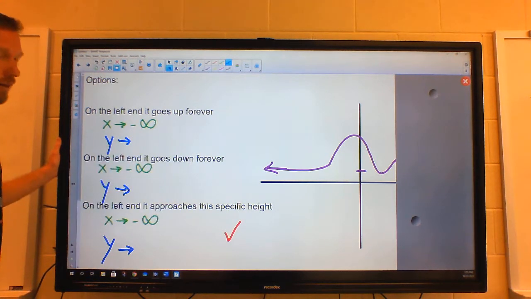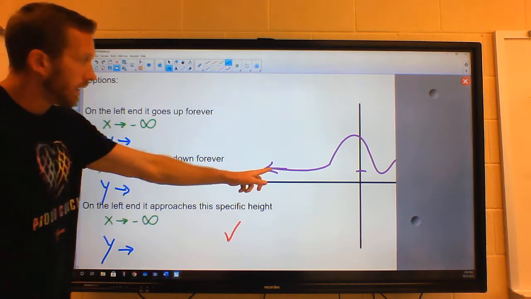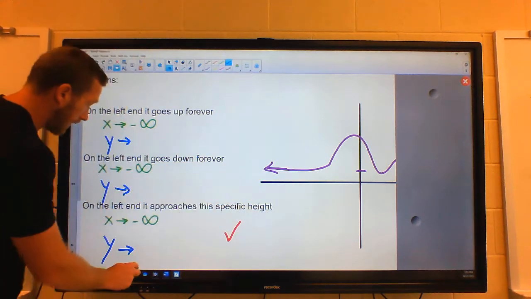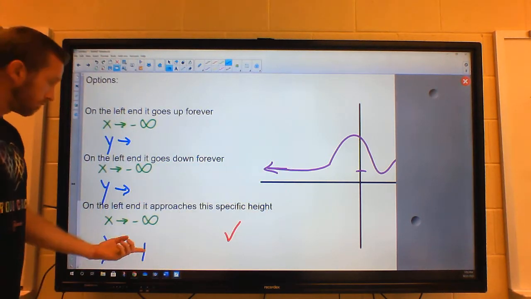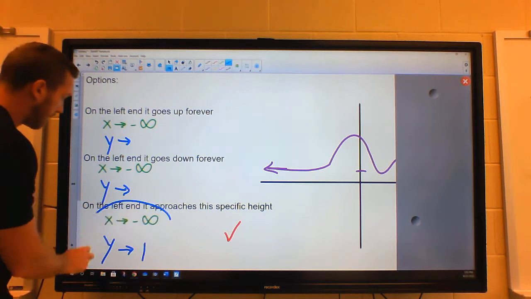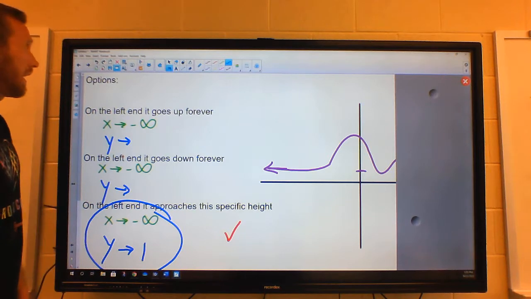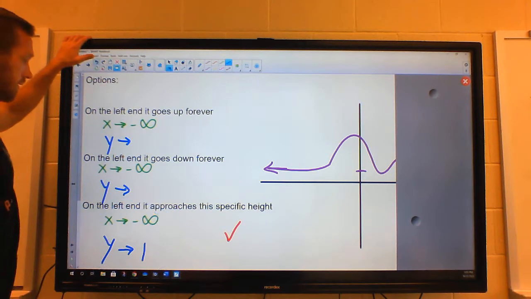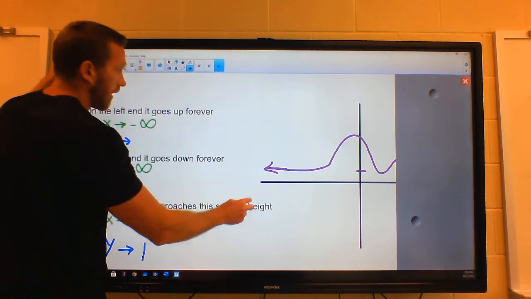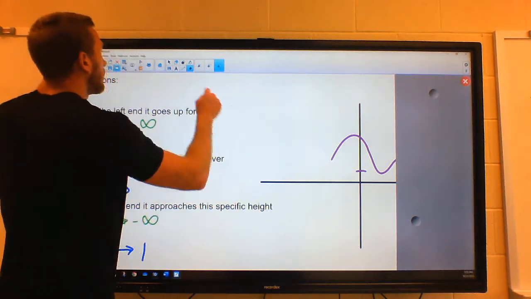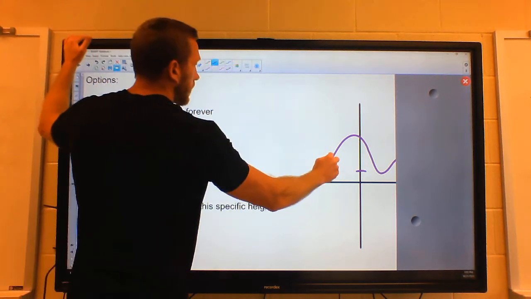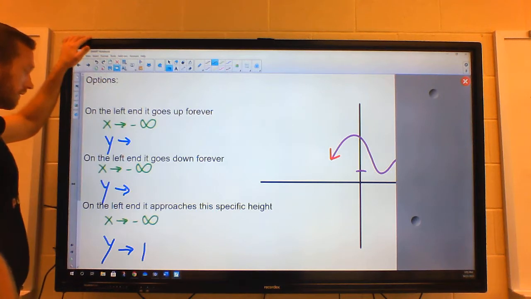So I'll start with the scenario that's already listed. It's approaching a specific height. Well, we just write down what that height is. Boom, that's the answer. This would be the answer to what's graphed for the left half of our end behavior. Let's go to another scenario. So instead of it flatlining, let's go to the scenario where it's going down forever.